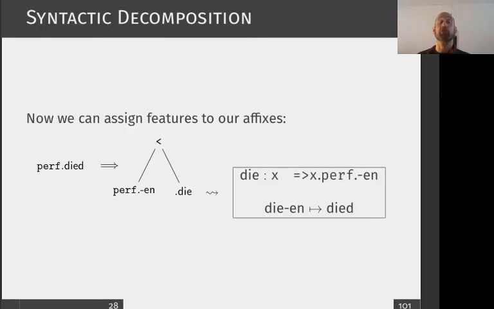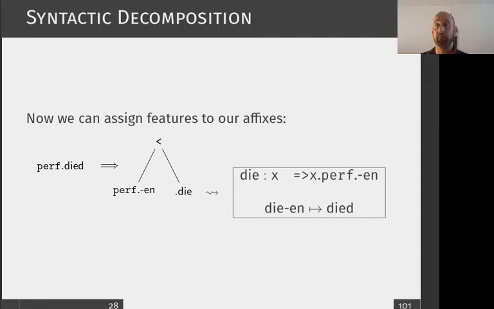Okay? So now what do we do? The entire reason for that foray was so that we could have a way of assigning features to our affixes. So this perfective died lexical item is now reanalyzed as a syntactic combination of two lexical items, giving rise to that tree. We do our grammatical reasoning in the exact same way that we did it before, and we arrive at these lexical items.